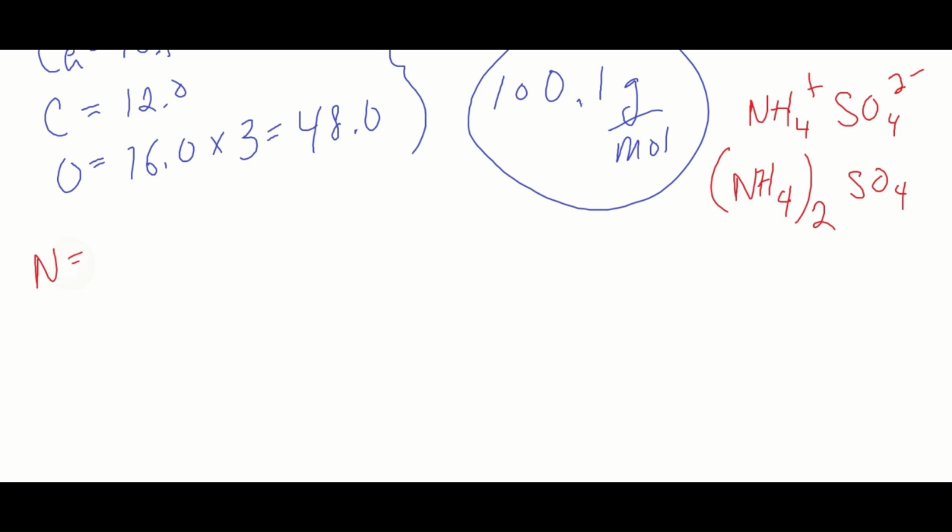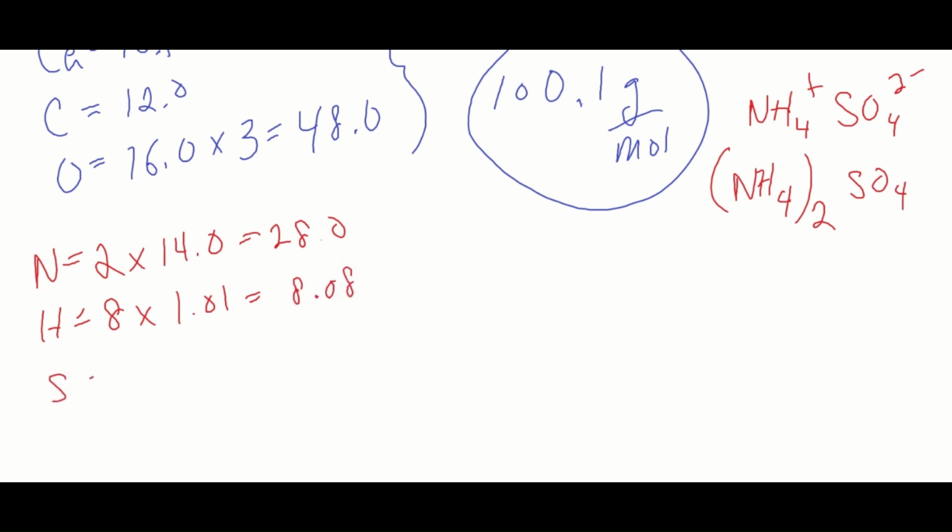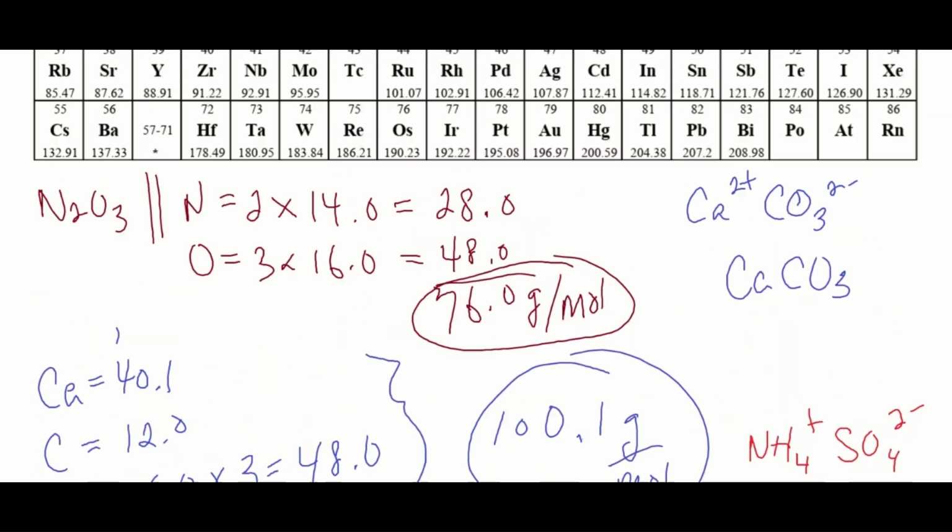So for the nitrogen component, there's 2 of them, and nitrogen has a molar mass of 14.0. That's going to give us 28.0. Next, hydrogen, there's 8 of them. Molar mass is 1.01. It's going to give us 8.08. And sulfur, there's only 1 of them, 32.0.